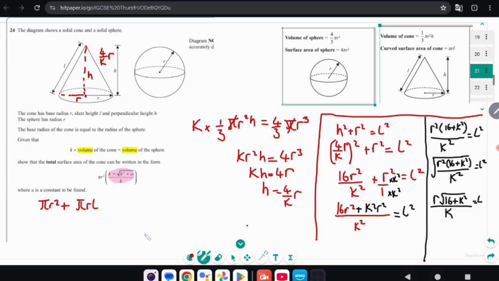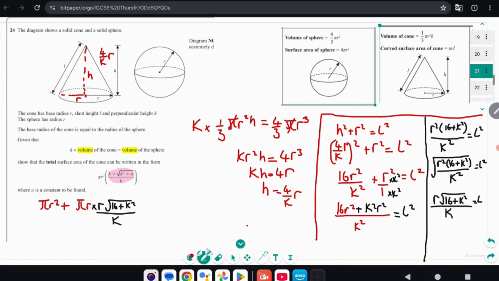Okay, so now I can replace the l for r times root 16 plus k squared all over k. Okay, looking a little bit more like this now.